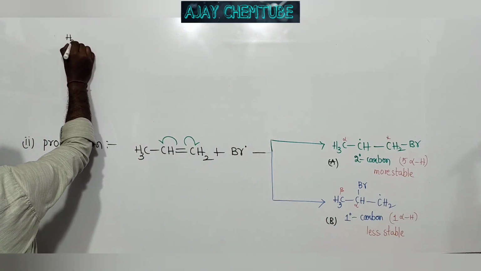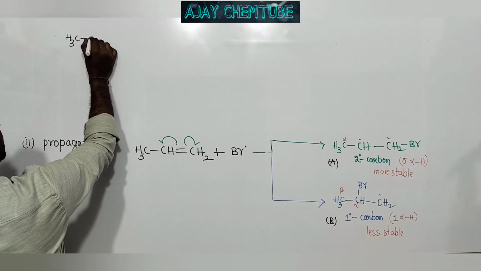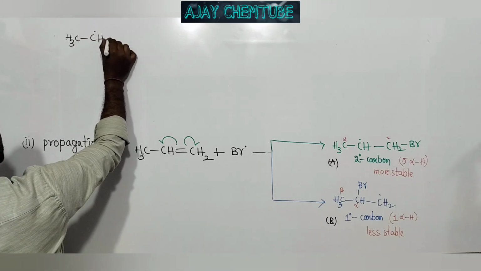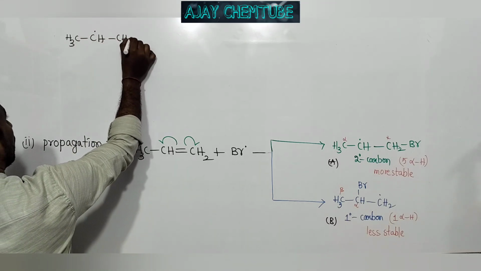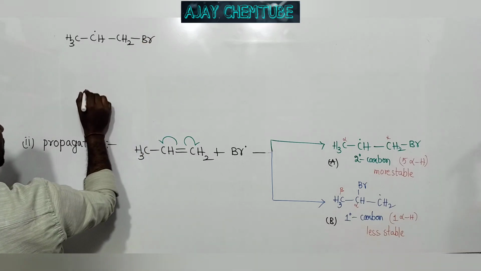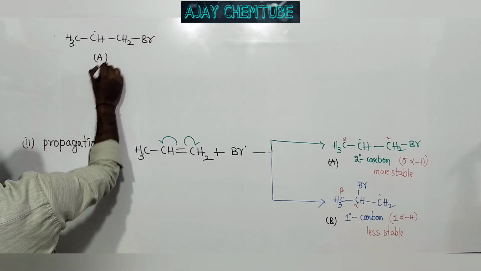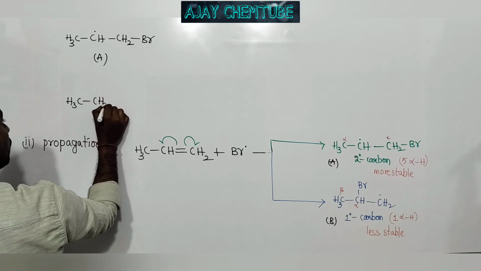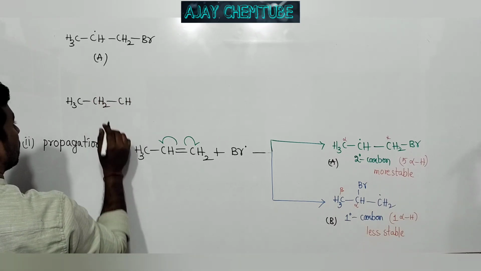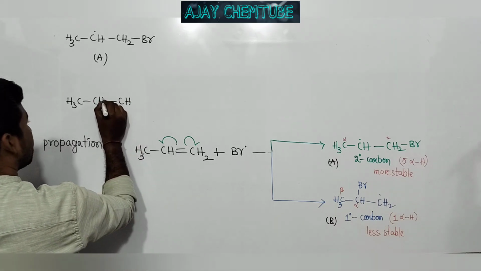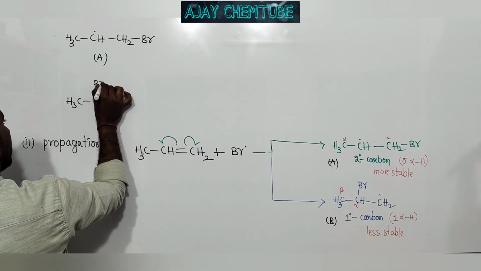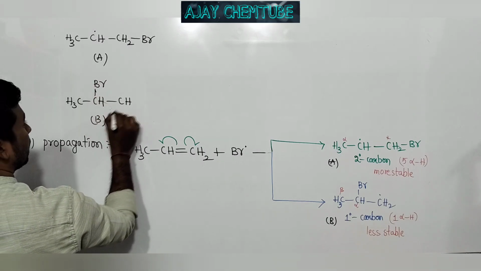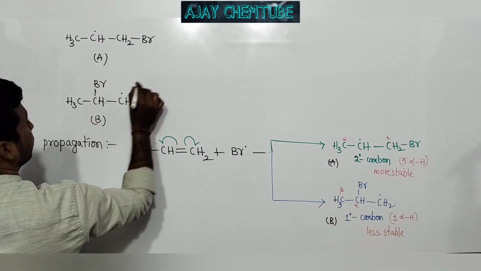CH3 CH free radical, secondary free radical, CH2Br. And this is A. What is B? CH3 CH2, here not, this is not CH2, CH Br, this is B, here free radical.